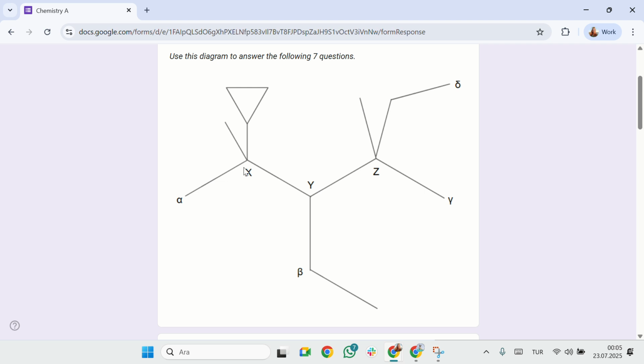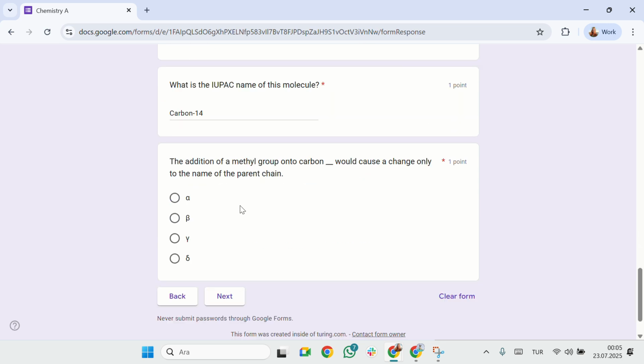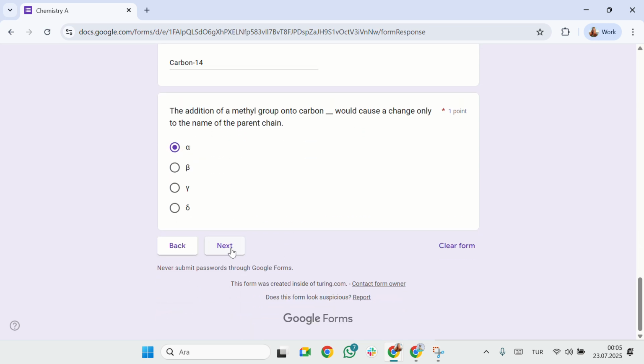Let's say it should be close to the parent chain in here, if that's the real parent chain, of course. But since I have been assuming that this was a parent chain, okay, I still have time. Let's choose alpha this time. Not sure.